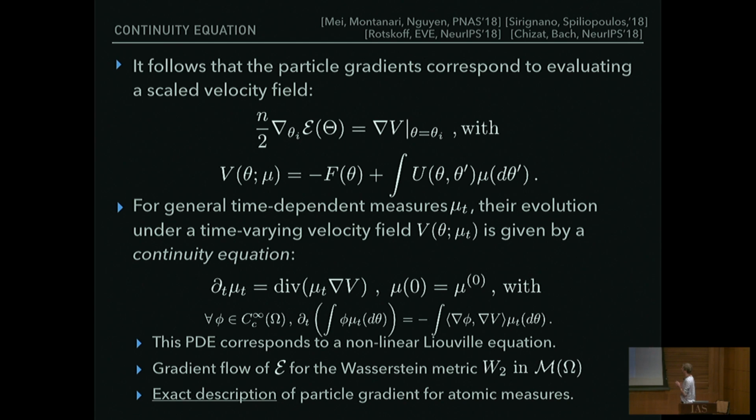There were groups at Stanford by Andrea Montanari, a group at Courant with Eric Vanden-Eijnden and Grant Rotskoff, another group in France by Francis Bach, and then Justin Sirignano and his colleague Konstantinos Spiliopoulos. I have to say at this point that we haven't made any approximation, right? This PDE is an exact description of the system, even if I have a finite number of particles.